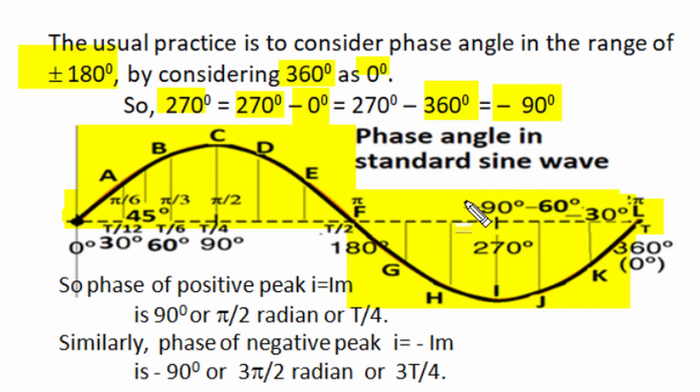So we can say the condition of positive peak is the condition of T by 4, pi by 2 radian or 90 degree, and the condition of negative peak, when instantaneous magnitude i is minus Im, where Im is the amplitude of current in negative direction, is minus 90 degree or 3T by 4 or 3 pi by 2 radian.